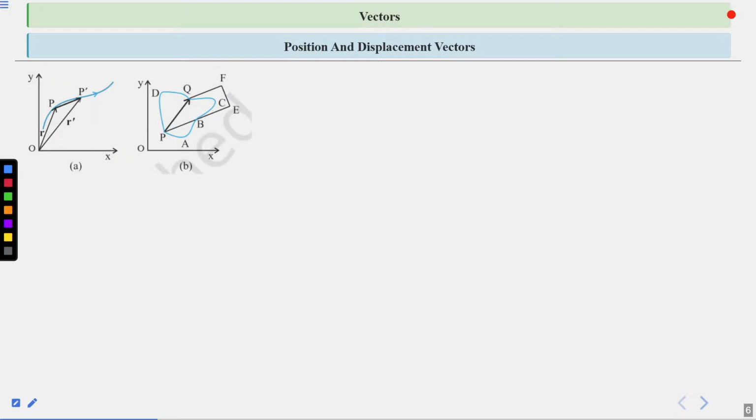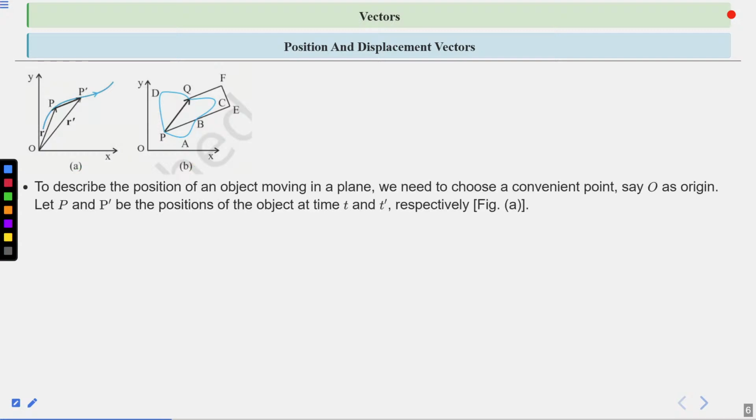So look here, A and B. To describe the position of an object moving in a plane, suppose we have an object. The position of the object is at point P, and after some time the position of the object changes from point P to P prime.